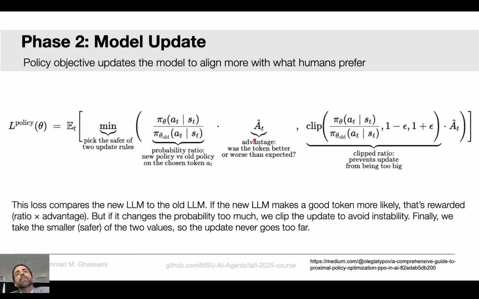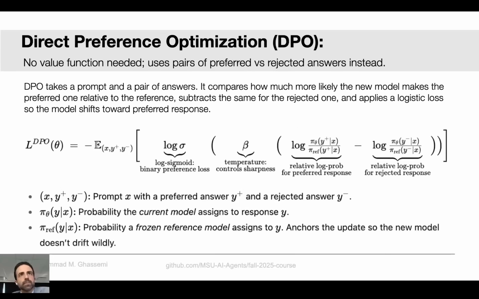We take the minimum between that and a clipped representation of the same ratio. This is to prevent the update from being too big. The combination of the minimum and the clipping function makes sure that any step we take doesn't become egregiously large. That covers proximal policy optimization.